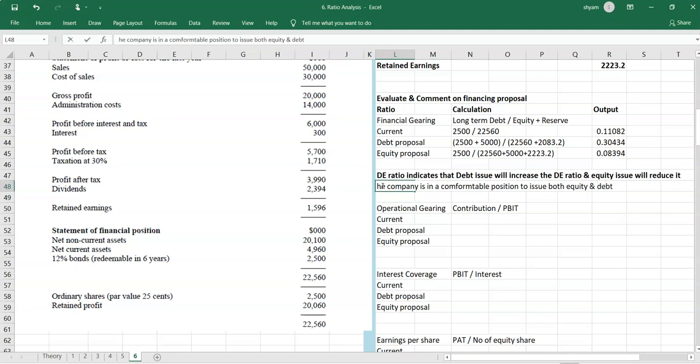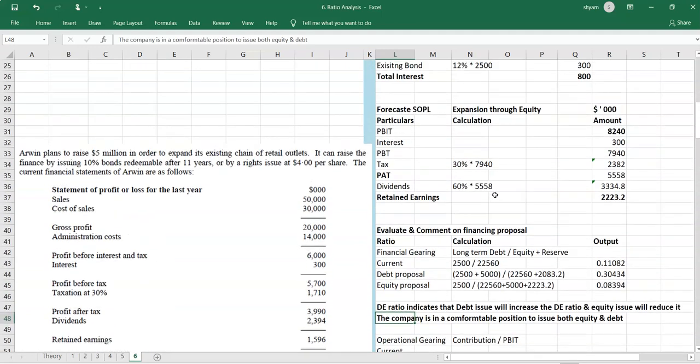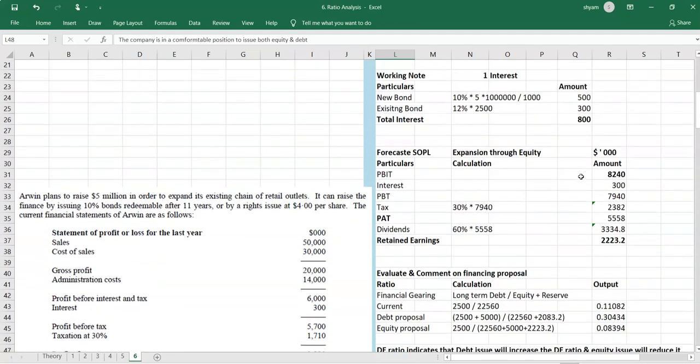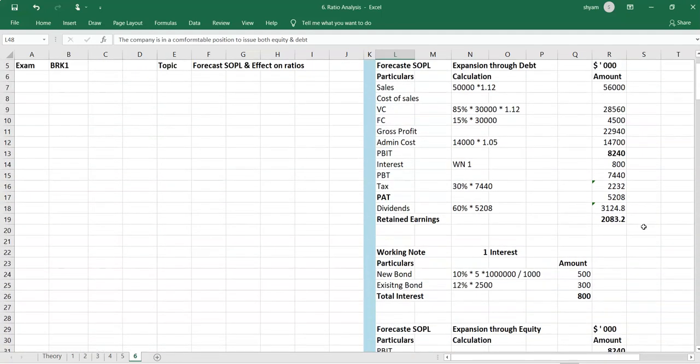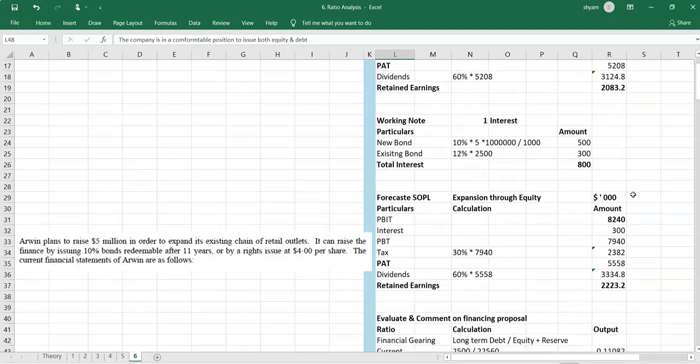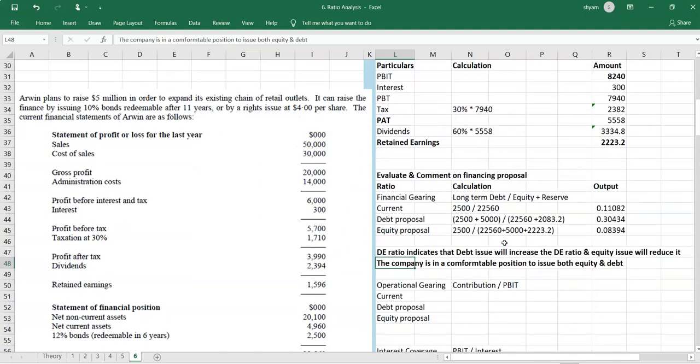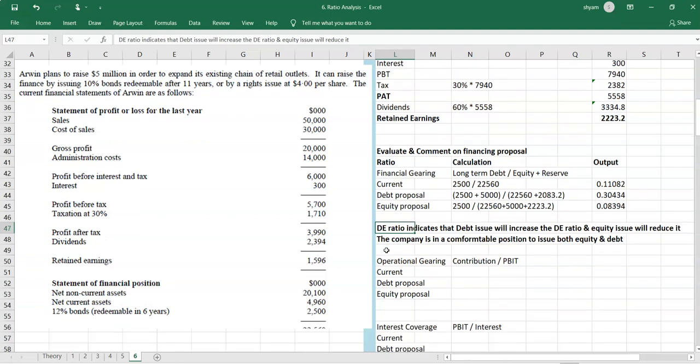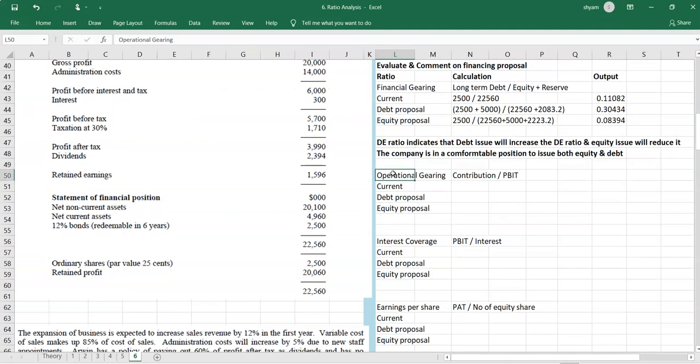Okay, if you want, we can check whether the profit is increasing or not. That you can check. So if you go for debt, the profit comes to 5208. If you go for equity, it comes to 5558. So it is better to issue equity itself. Okay, it's not much tax benefit we are getting. So that is the concept here.